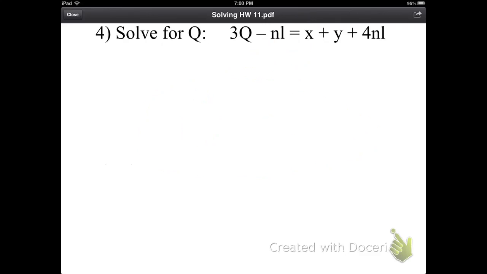Number 4, just like the last one, we're trying to get our q, which is the variable of interest, all by itself. You notice it has a 3 in front of it, and this subtract NL. To get rid of subtract NL, you're going to add NL. What you do to one side, you do to the other.